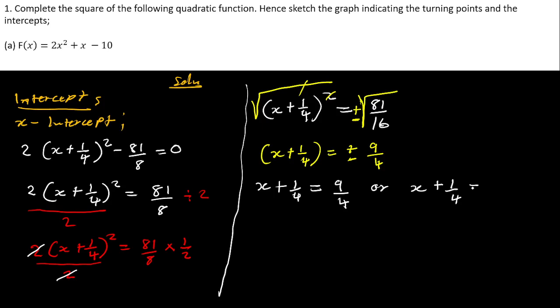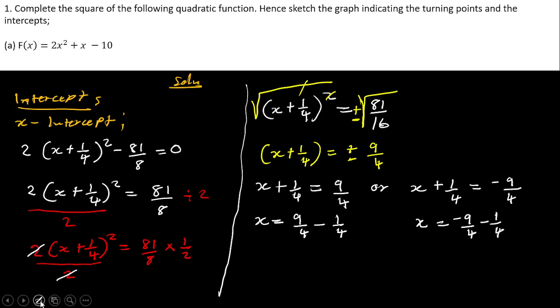So it's going to be x is equal to 9 over 4 minus 1 over 4, or this will be also x is equal to negative 9 over 4 minus 1 over what? 4. So when you work out these two guys, you can easily find the solution.